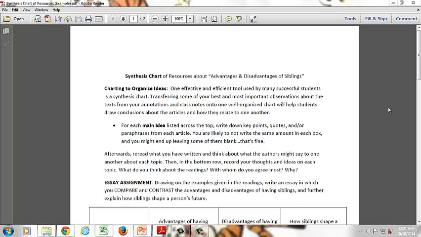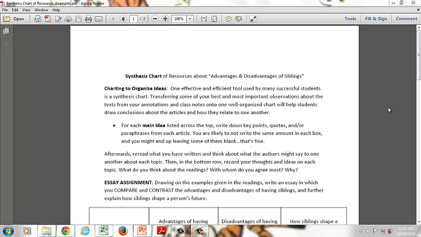She didn't focus a whole bunch on what was bad, but she did say, well, these advantages I had with my siblings, they shaped my future. So that article is actually pretty important. I hope you didn't discount that article or not read it, because it's going to really contribute to your third body paragraph. Last, students were asked to find a third research article about their topic, which is, of course, advantages and disadvantages of siblings.